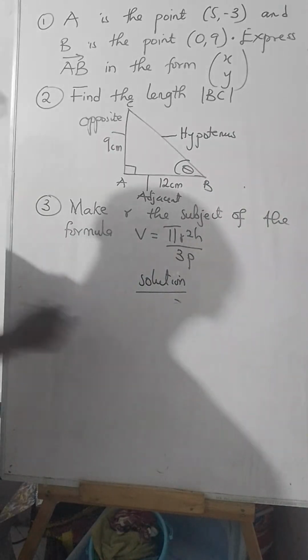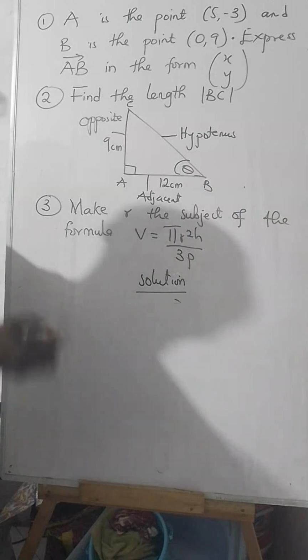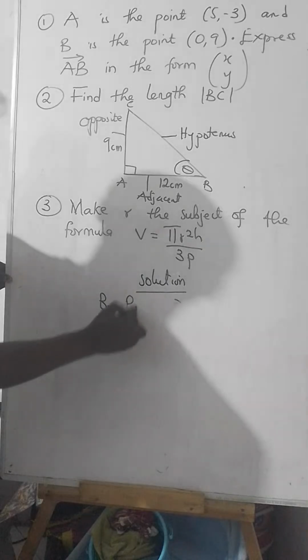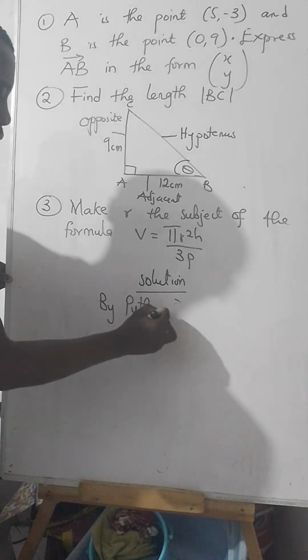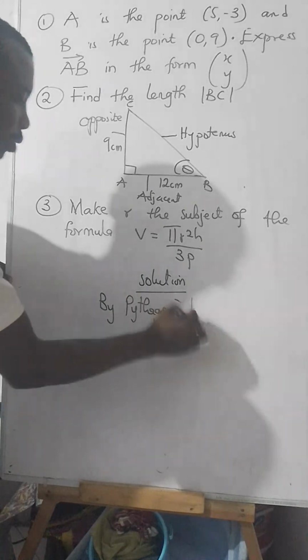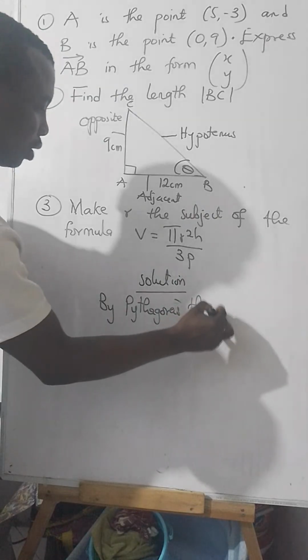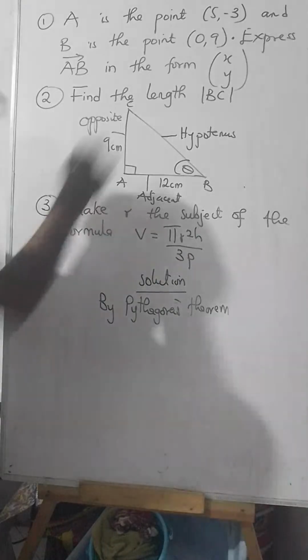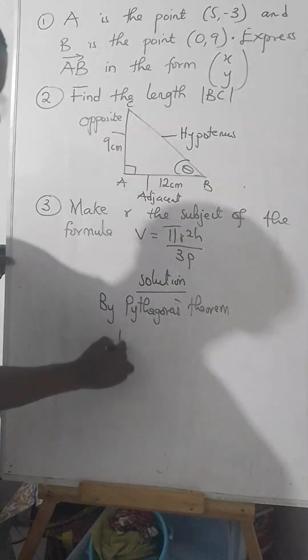So by the Pythagoras theorem that you know, always the hypotenuse squared, which here we are using the letter BC.